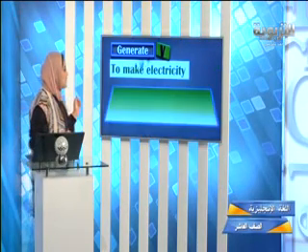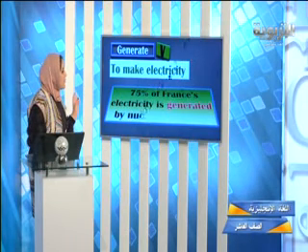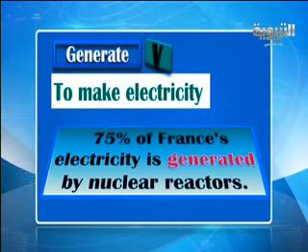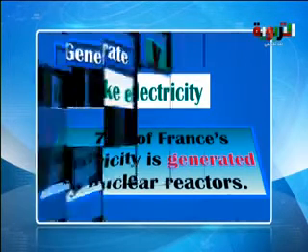So, generate means to make electricity. Let's read the example. 75% of France's electricity is generated by nuclear reactors. So here we use the word generated as in the past tense, generated. The past tense of the verb generate. Okay.